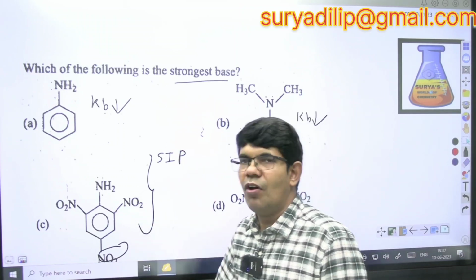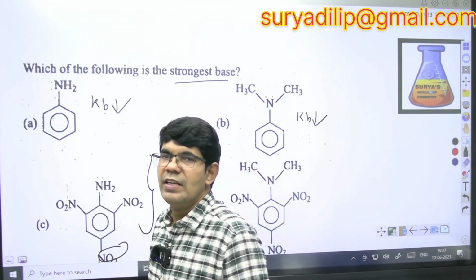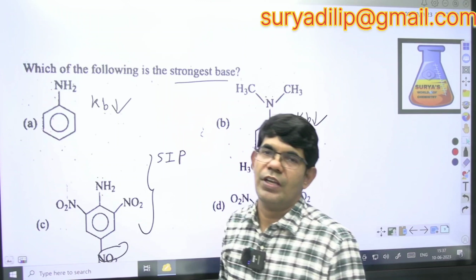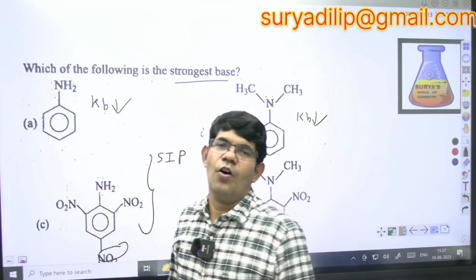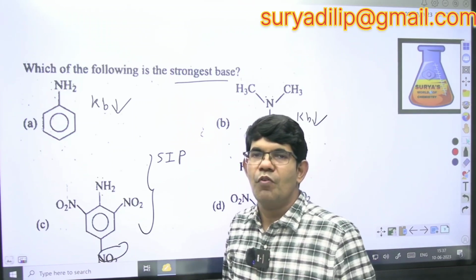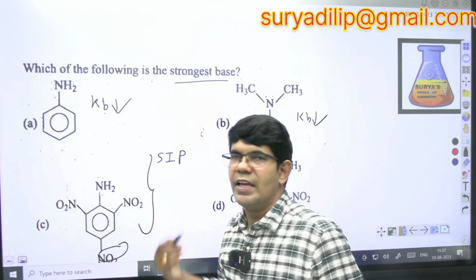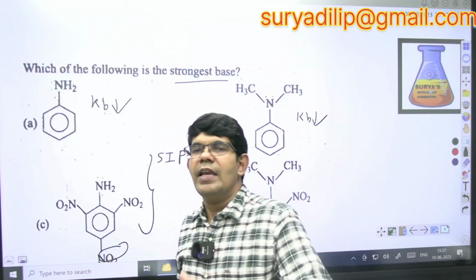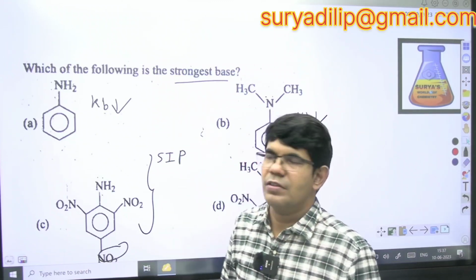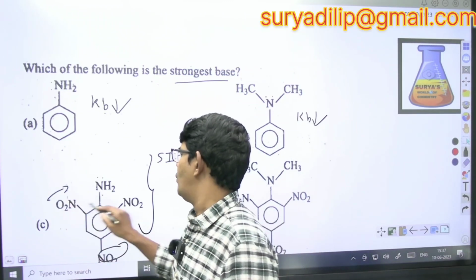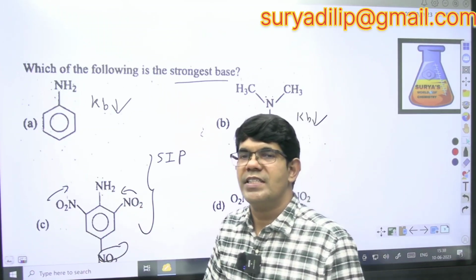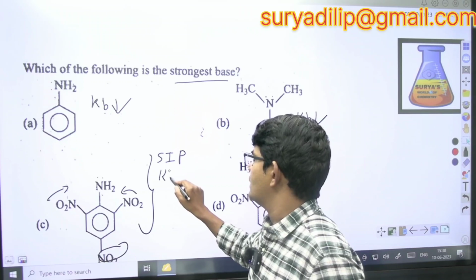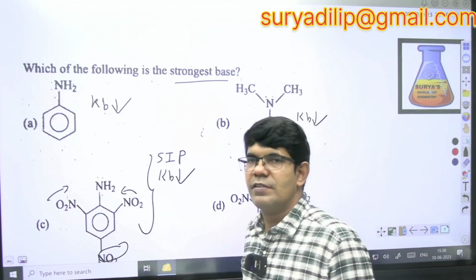Steric inhibition of protonation. Steric inhibition of protonation means ability to accept the H plus ion will be reduced. Why? On accepting the H plus ion, there will be increased steric repulsions because the groups are at ortho positions. So when you have SIP effect, basic strength decreases.